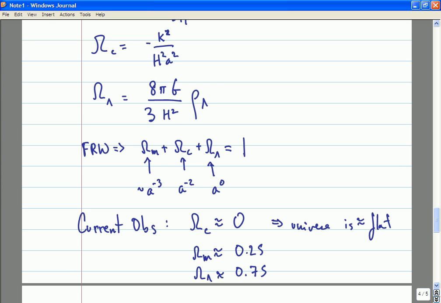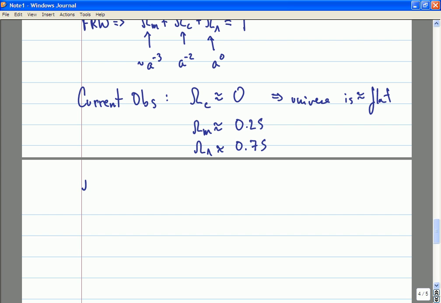If you think about it, omega matter, omega curvature, and omega lambda all have very different behaviors as a function of a, and in particular have very different behaviors as a function of time. So, generically, you would expect that one of these would be much larger than the other two. But in fact, you can see that within a factor of 3, omega matter is of order omega lambda.